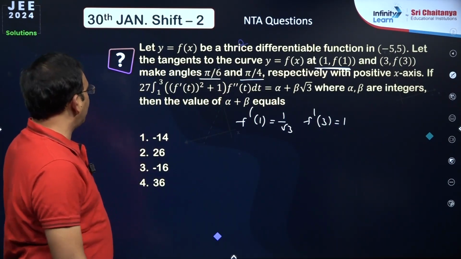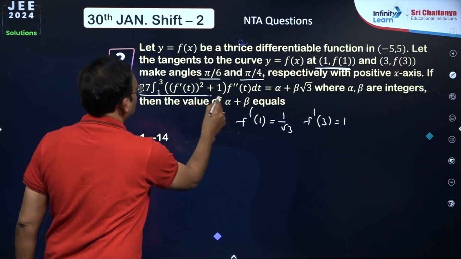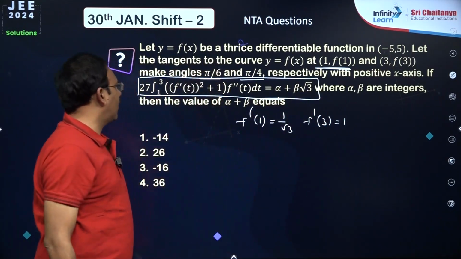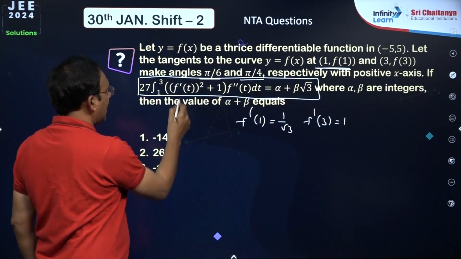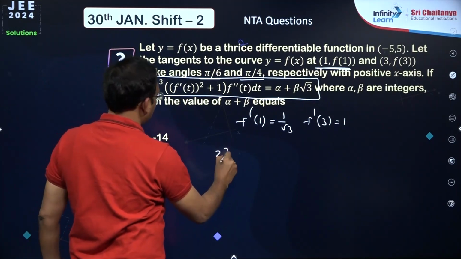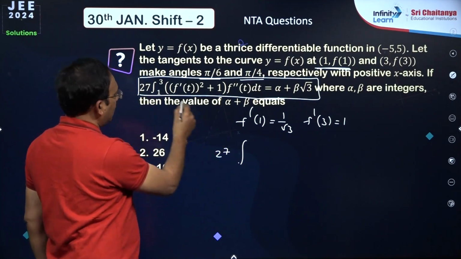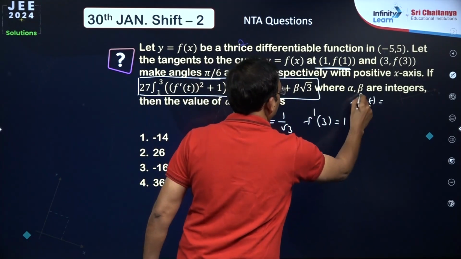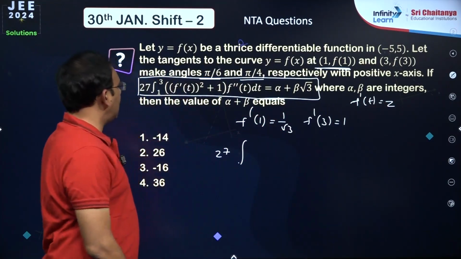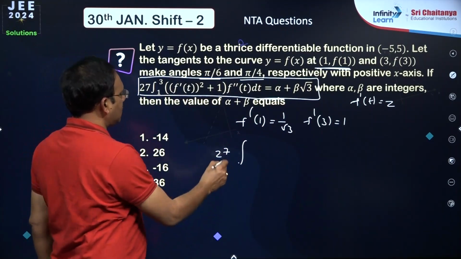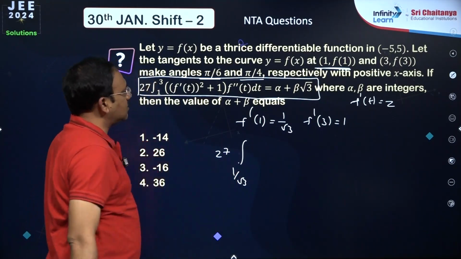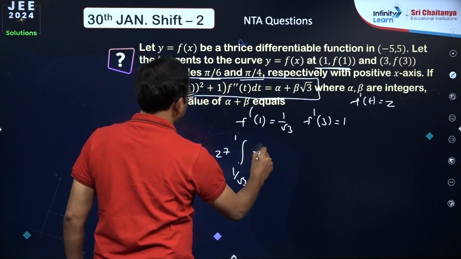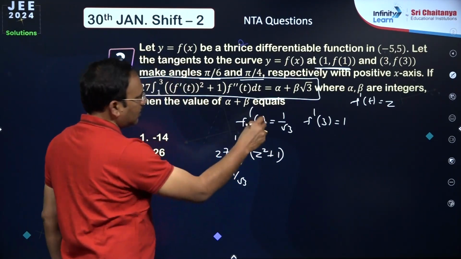Okay, so the interval is given, 27 into this particular definite integral value is given like this, find alpha and beta. Why don't you take f dash of t as some z. When t is equal to 1, f dash of 1 is 1 by root 3, and when t is equal to 3, f dash of 3 will become 1, and this is going to be z square plus 1 into its derivative.